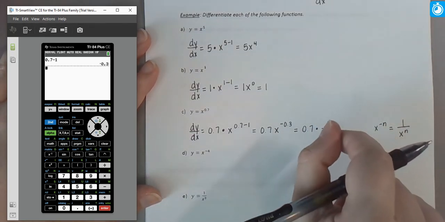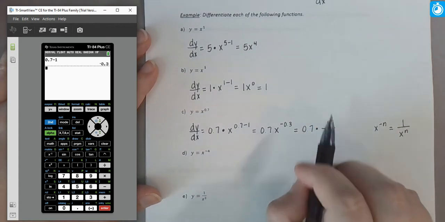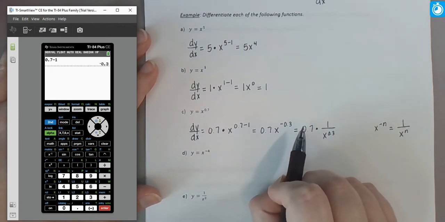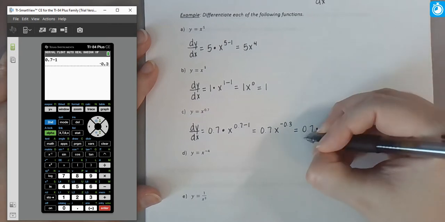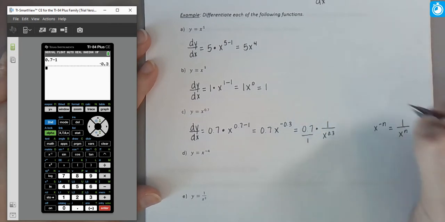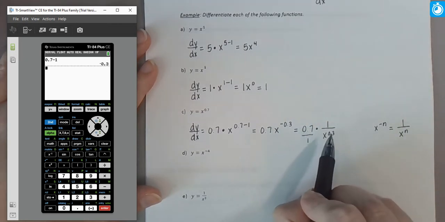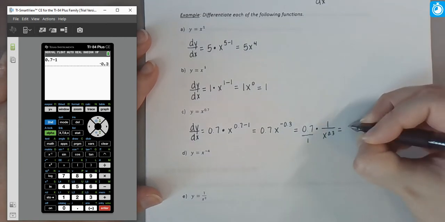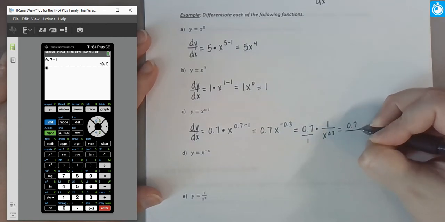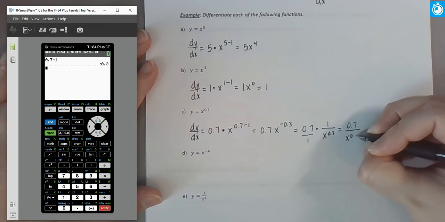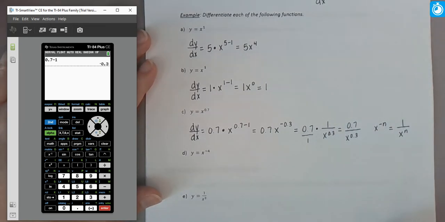And because we can combine these together, write them as one particular term, 0.7 can also be multiplied by 1. Think of this as 0.7 over 1. We multiply our fractions straight across. So 0.7 is going to be our numerator, and our denominator is going to be x to the 0.3 power. So that would be our derivative in this case.